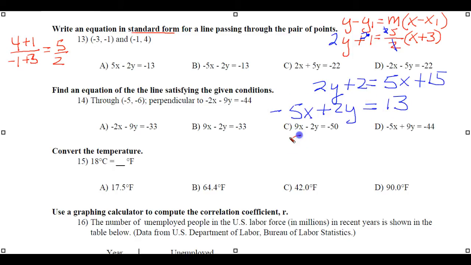So this will become 5x minus 2y equals a negative 13, so that when we match it up, we get letter A. Now notice in the other test, they left it as a negative, which I question because usually they want it as a positive. But this is something you can work with. The technique of just multiplying every term by a negative 1 changes all the signs.